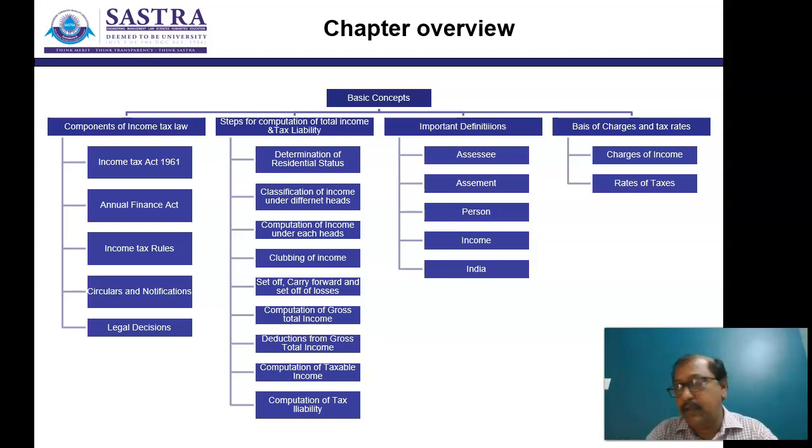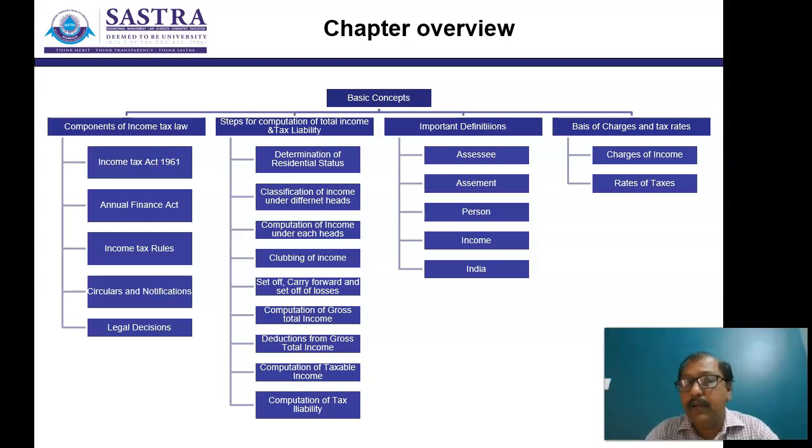After classification, under each one of the heads, we are going to have the income determination or computation. After that, sometimes within these different heads, we may be clubbing the income. Sometimes we may be clubbing the income of 2 individuals together.